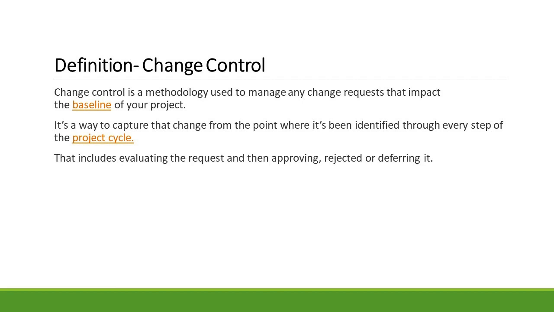Approval, rejection, or deferral. Based on the evaluation, a decision is made regarding the change request. It can be approved if deemed necessary and feasible, rejected if it doesn't align with project goals, or deferred to be addressed at a later stage.